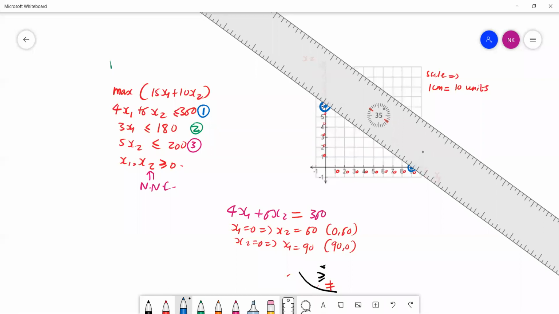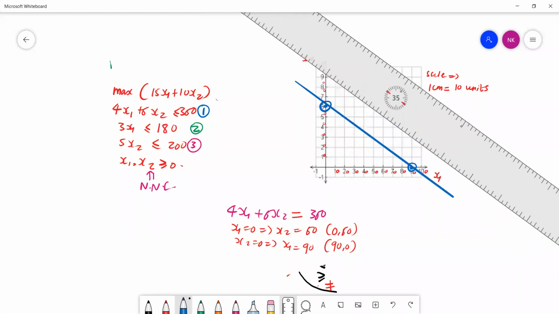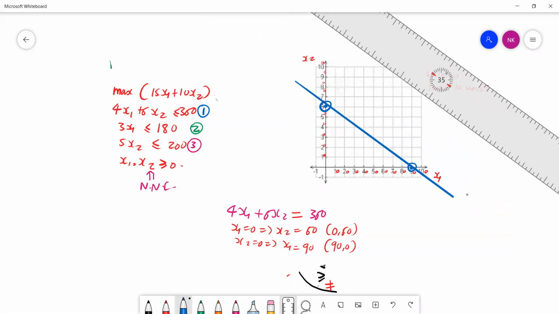It's quite difficult to have this ruler adjusted every time, so probably you will be having a speedier answer than me. Okay, this is the first constraint that I have drawn.